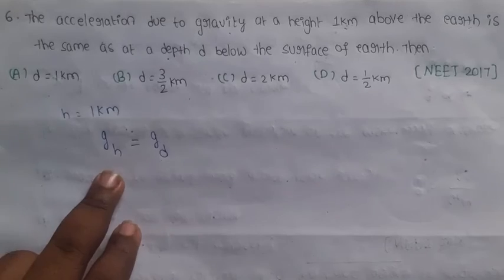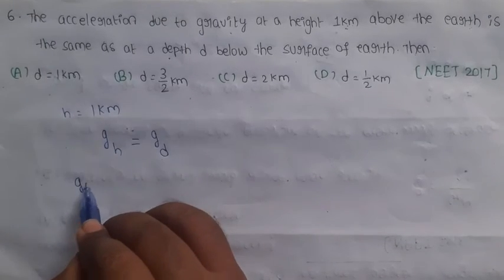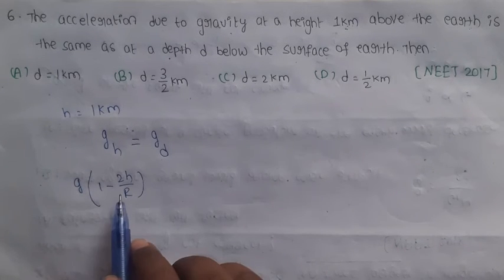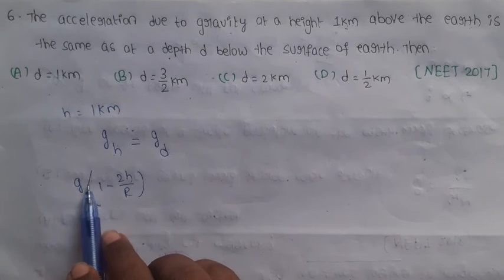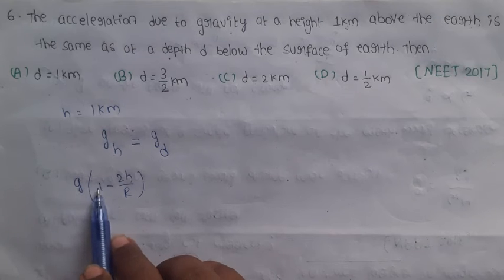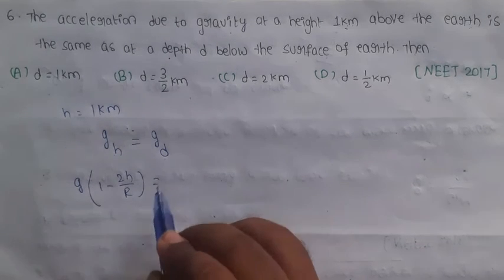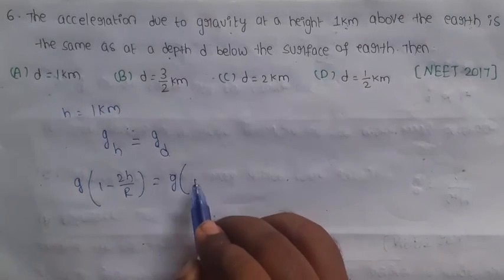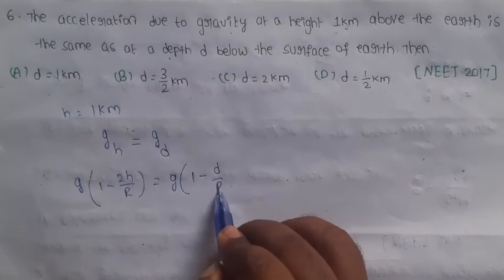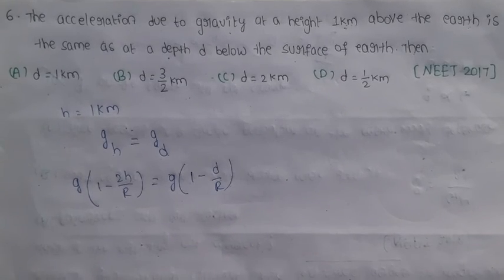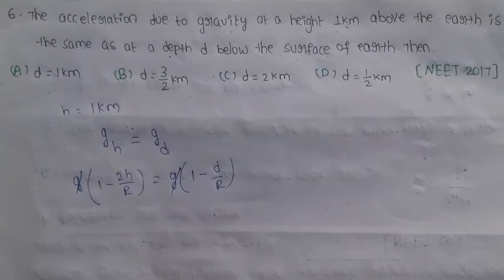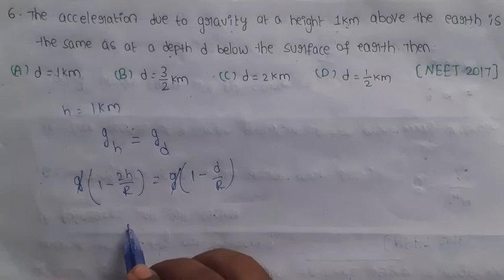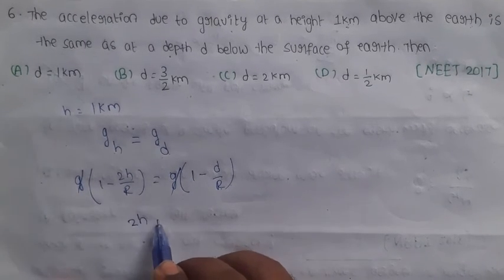So what is the formula of g h? The g h formula is g into 1 minus 2h by R. Acceleration due to gravity at depth has the formula g into 1 minus d by R. These are the formulas. So g and g will cancel, and the denominator R also cancels. What about the remaining values? 2h equals d.